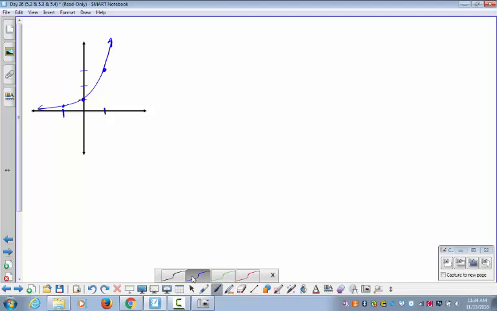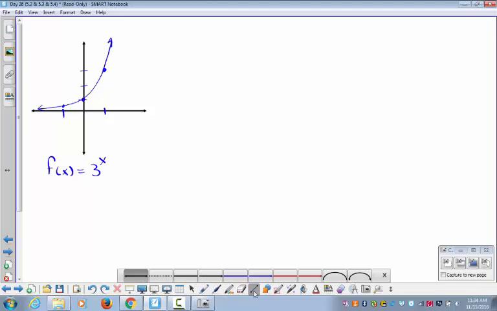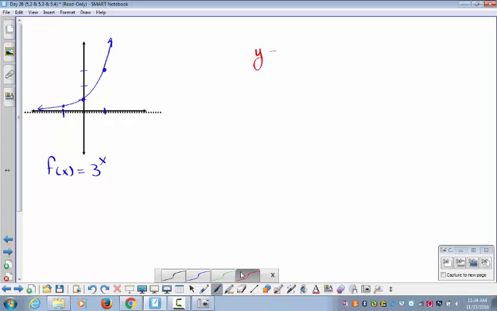So that function right there is f of x equals 3 to the x. Let's just go through the process that you would have done in algebra. In algebra, if you were told to find the inverse, you would convert to an xy equation first. You would convert from functional notation to xy notation. So you would say that y is equal to 3 to the x.